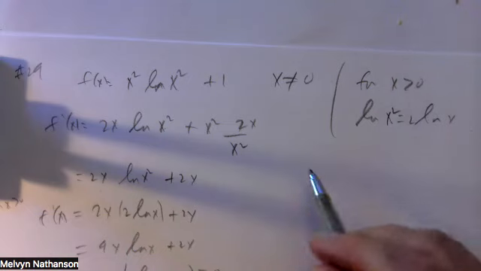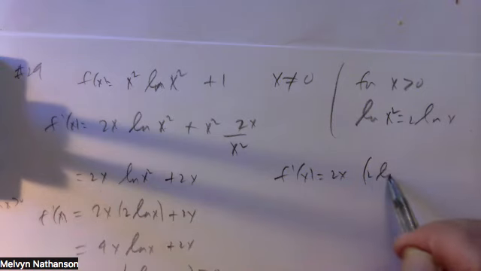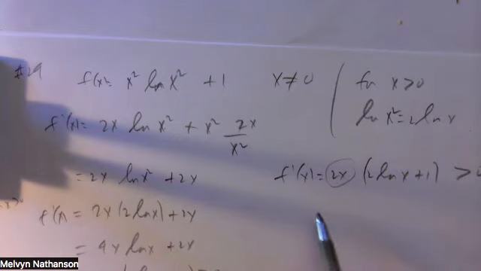But let me say more than that. When is the derivative positive and when is the derivative negative? I have f prime of x is 2x times 2 log x plus 1. This is greater than 0. This is always positive, so this is greater than 0 if and only if x is greater than 0 and 2 log x plus 1 is greater than 0, which means log x is bigger than minus a half, which means x is greater than 1 over the square root of e.